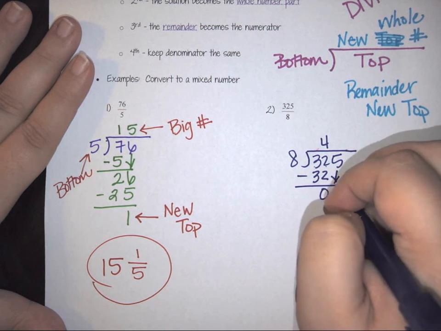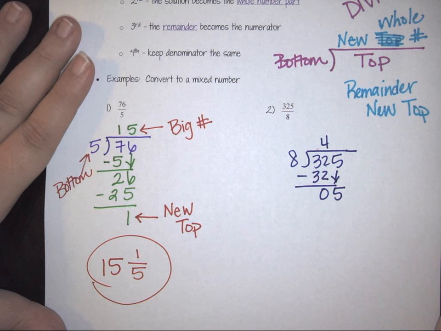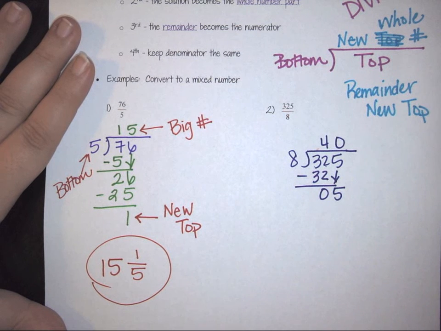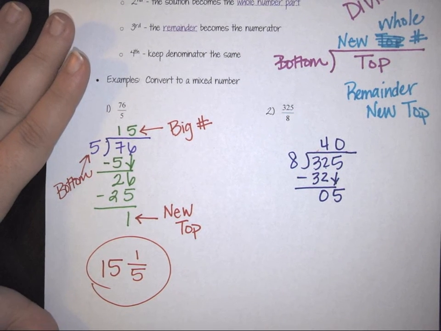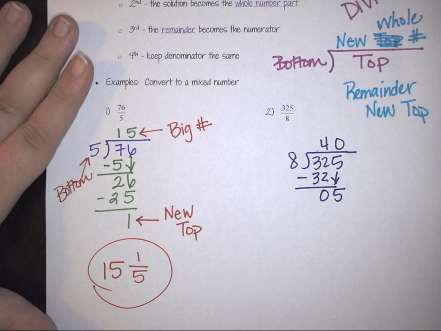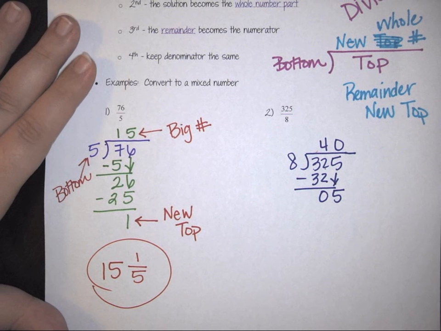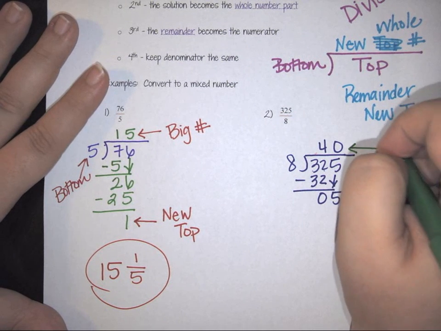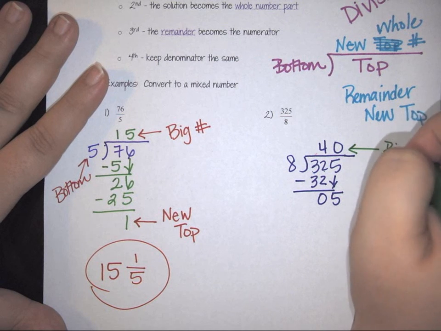I still have to pull down my 5. So then, how many times does 8 go into 5? Well, it doesn't. So this becomes a 0. And lo and behold, that also means that I have a remainder. So again, if I take a look at what I have, this number here is going to be your big number.